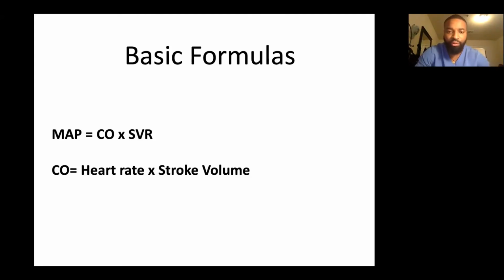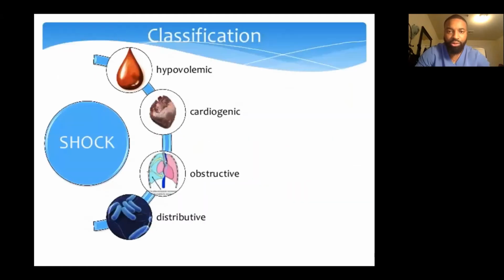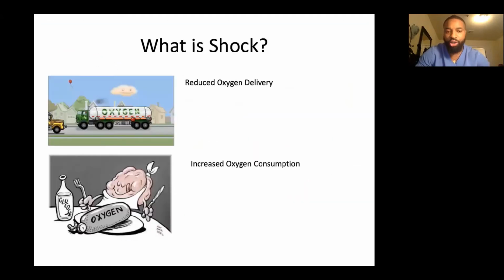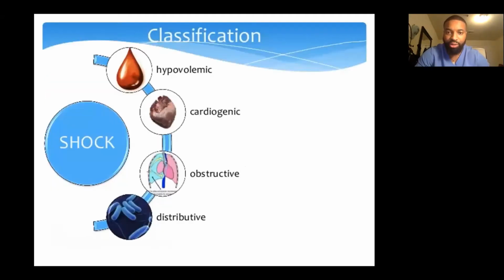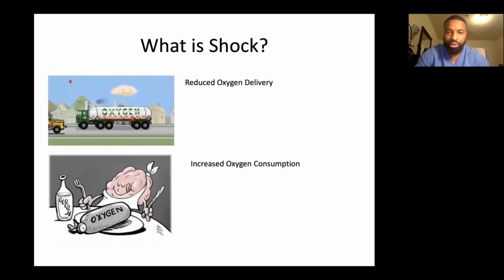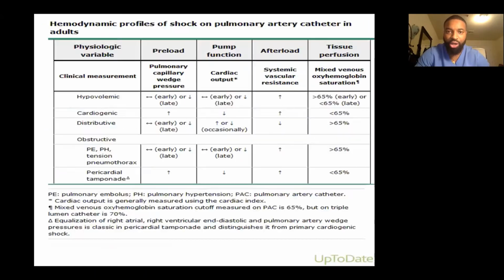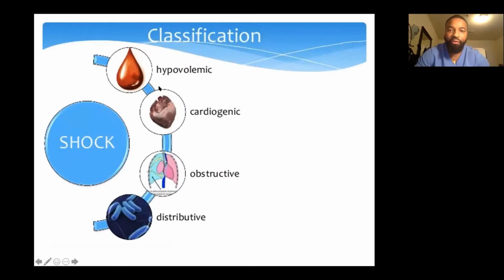So let's move forward. So what is shock? So shock is reduced oxygen delivery, and it can also be increased oxygen consumption, essentially. And then to classify shock, you have hypovolemic shock, meaning that you're bleeding out, right?